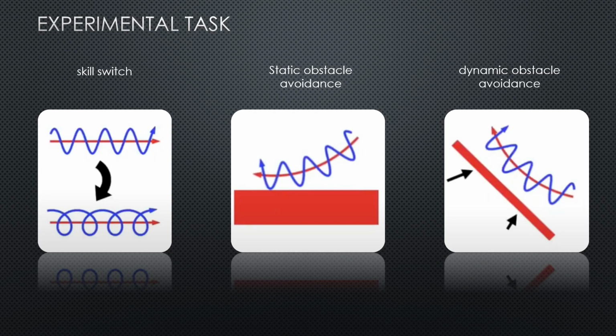It also demonstrates that for static obstacles, let's say a fixed boundary, the robot is able to replan the trajectory. It's able to optimize the trajectory, and likewise for dynamic obstacle avoidance.